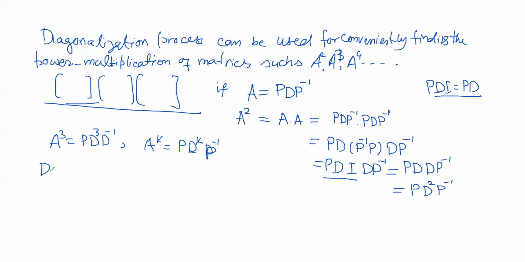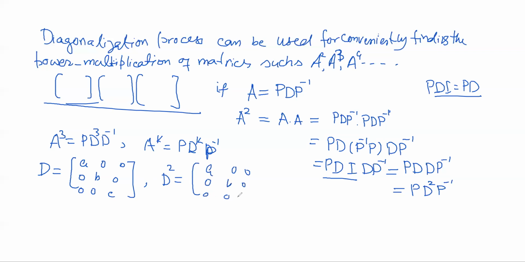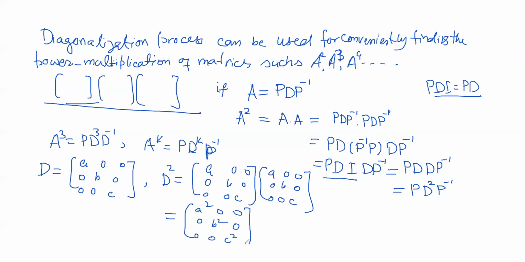For example, if D is the diagonal matrix with A, B, C on the diagonal, then D square is found by multiplying it with itself, and we get A square, B square, C square on the diagonal and everything else 0.